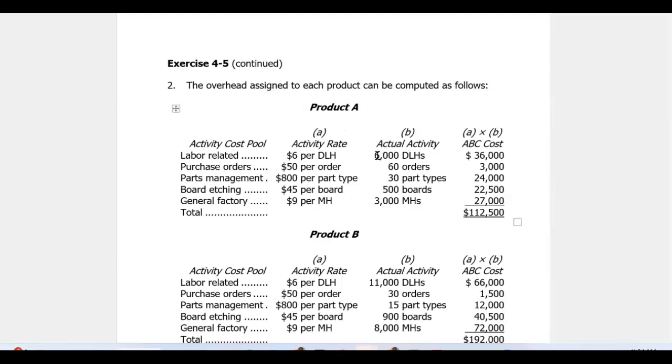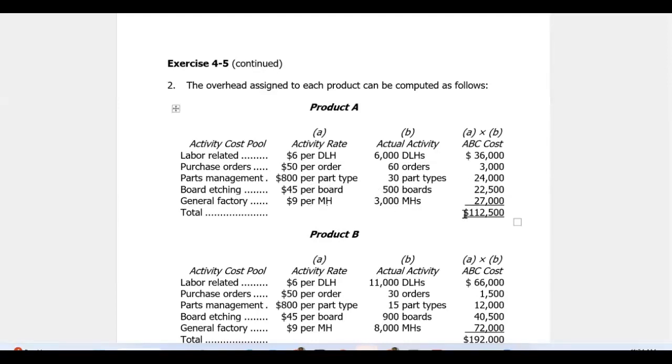So product A has 6,000 direct labor hours times 6, 60 orders times 50, 30 parts times 800, 500 boards times 45, 3,000 machine hours times 9.